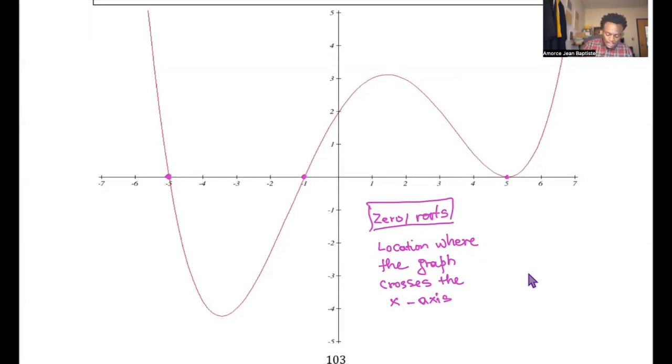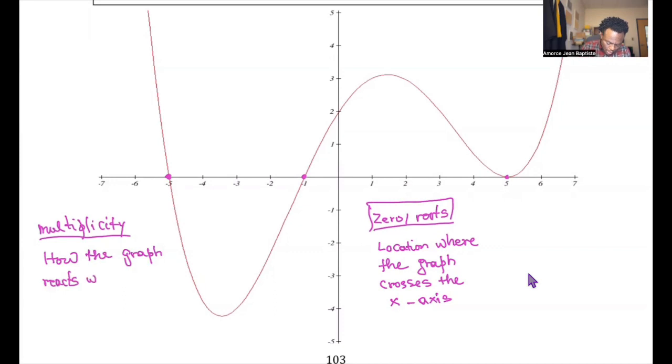And when you're looking for multiplicities, the question now is about how the graph reacts when being in contact with the x-axis, or when reaching the x-axis.